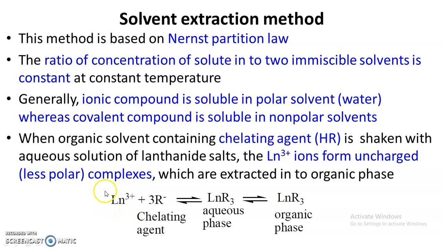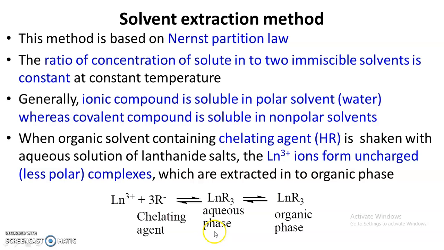For example, when a lanthanum salt containing lanthanide ions is mixed with a suitable chelating agent, they form the chelate. First of all, this chelate, LnR3, exists in the aqueous phase, and as the polarity of this chelate is less than the lanthanum salts, this chelate or complex of the lanthanum ion is more soluble in the organic phase.